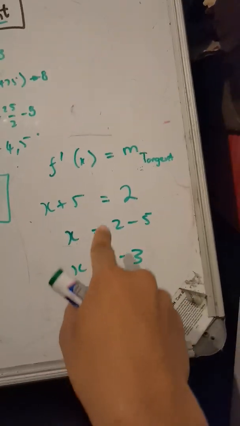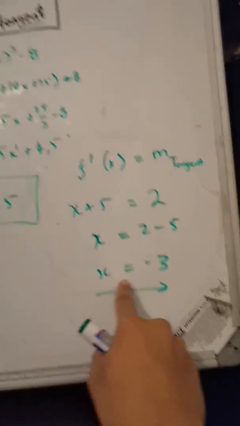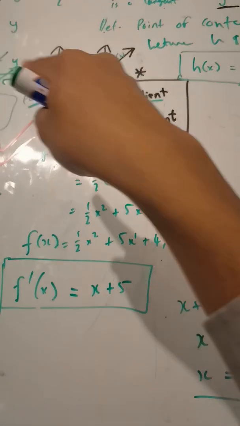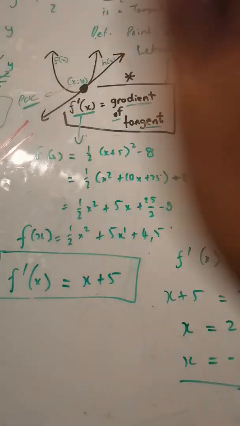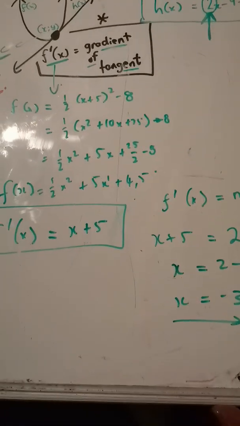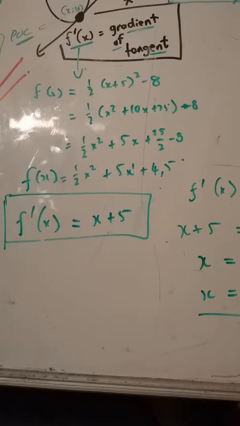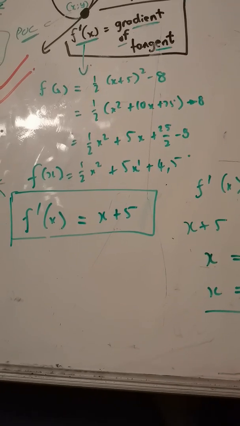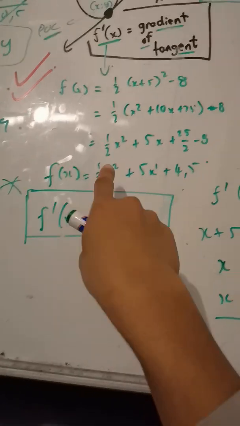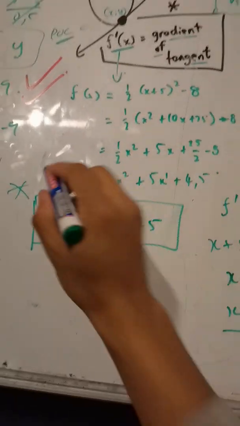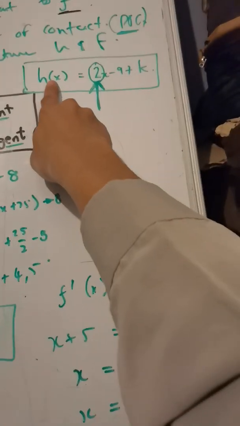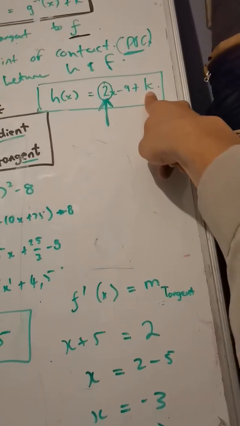Solve for x. That x is the x value of my point of contact. That x lies on my parabola and it lies on my straight line graph. So to solve for the y value, we can substitute the x value into my parabola to calculate the y value. We can't substitute the x value into my straight line graph because we don't know what k is. You understand?